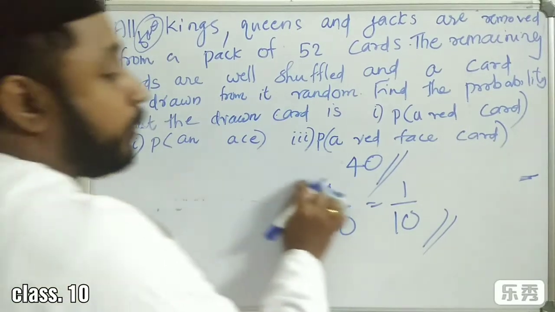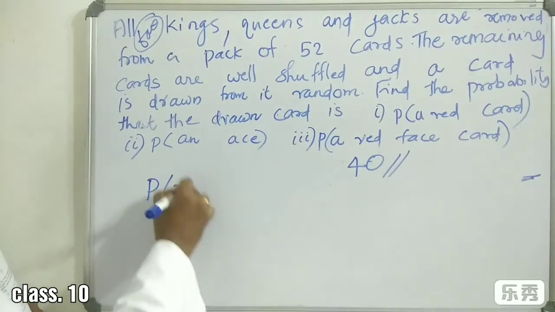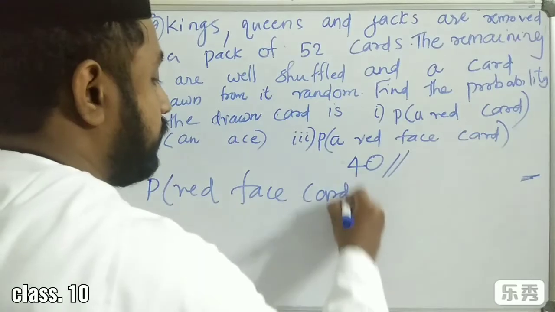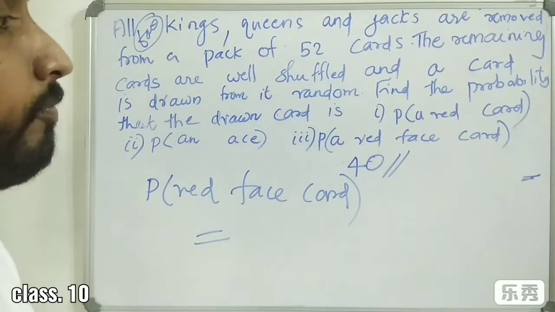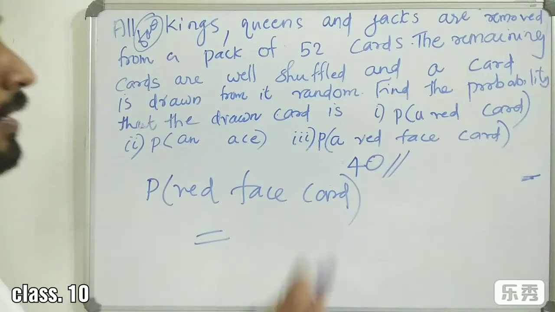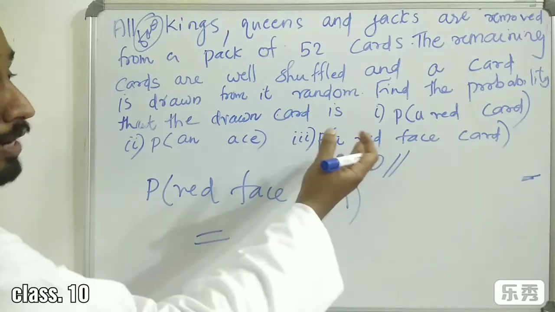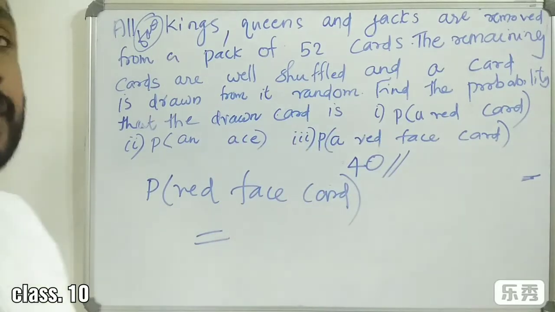Last question. Probability of getting a red face card. I think all the face cards were removed. So red face cards removed, black face cards also removed. So no face cards are there.